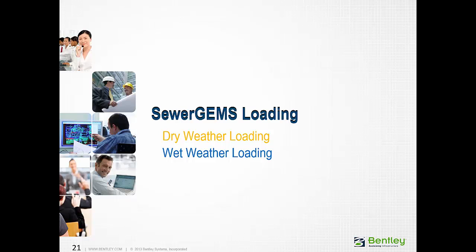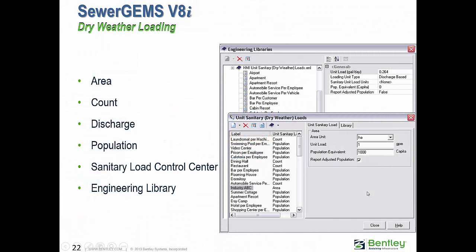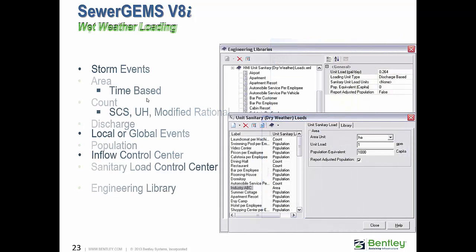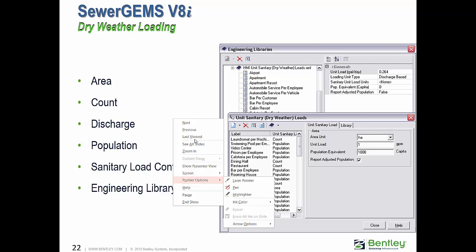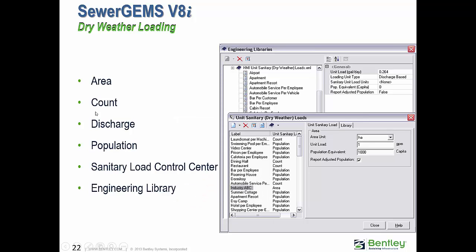Now let us take a look at the loading, the dry weather loading and wet weather loading, and how we can do it using SewerGEMS. In SewerGEMS, you can assign loads to the manholes depending on the area, depending on the count, that is the population, or the discharge.